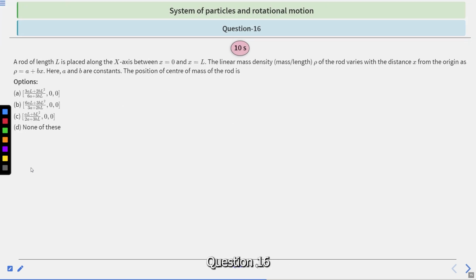Next question, question 16. A rod of length L is placed along the x-axis between x equal to 0 and x equal to L. The linear mass density, mass upon length, rho of the rod varies with distance x from the origin as rho equal to a plus bx, where a and b are constants.